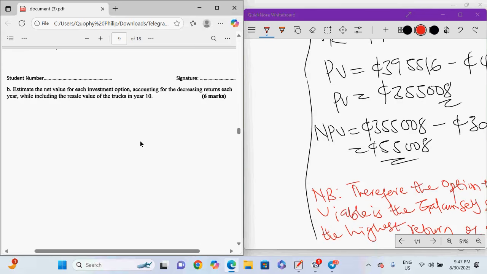So they are saying that we should estimate the net value for each investment, right? So what you have to do here is to repeat what was done in the A above, and just add the resale value after discounting it into the present value.